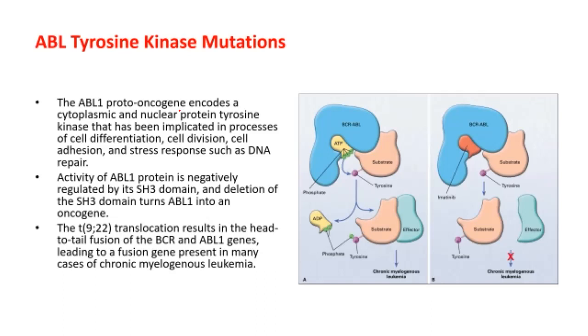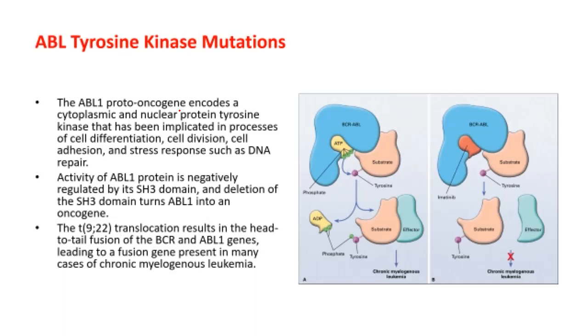Sometimes, due to a chromosomal translocation between 9 and 22, the normal ABL, which is a proto-oncogene, is converted into BCR-ABL, which is an oncogene. The ABL proto-oncogene usually produces nuclear protein kinases that are implicated in cell differentiation, cell division, and cell adhesion.